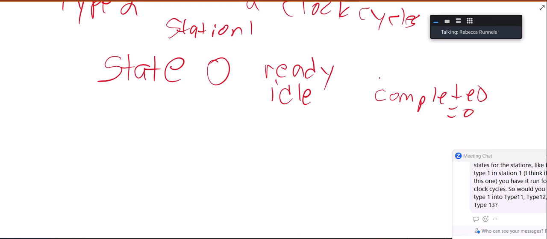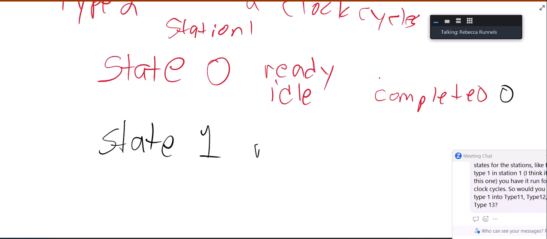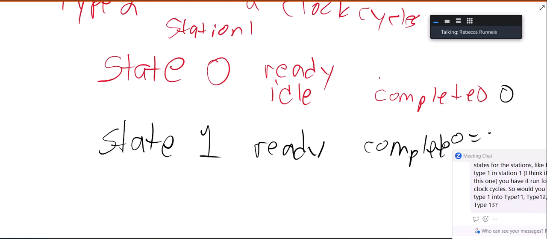So the complete is a Moore output, but the ready is a Mealy output. You'll see what I mean by that in a minute. So right now we'll just talk about complete 0 for state 0 is 0. And then I'll have state 1. State 1 is where it's ready, but it had just completed something. So complete 0 equals 1.